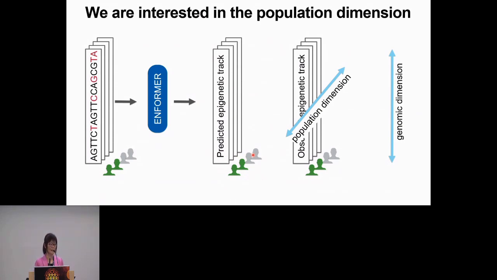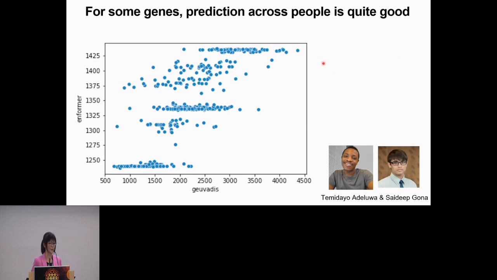So I didn't expect this. The first time, a few years ago, when I looked at these methods, I thought they seemed promising. They seemed to be the same thing we were doing, but then I realized it was a different dimension that we are looking at. More recently, when Enformer came out, we tried again. These are my students who tried this. They took the 1000 Genomes individuals where we have observed gene expression data.